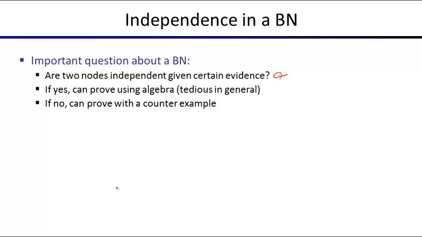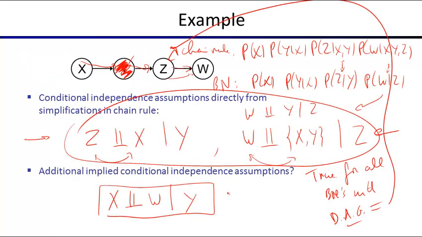Essentially, for this one here, what you need to prove is P(x, w | y) = P(x | y) times P(w | y) for all x, w, and y. If you can prove that, you've proved that conditional independence assertion. That's a matter of doing algebra.